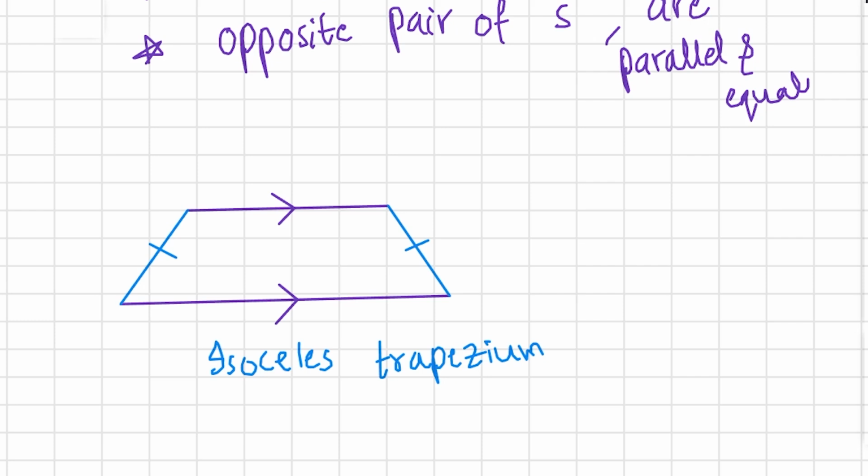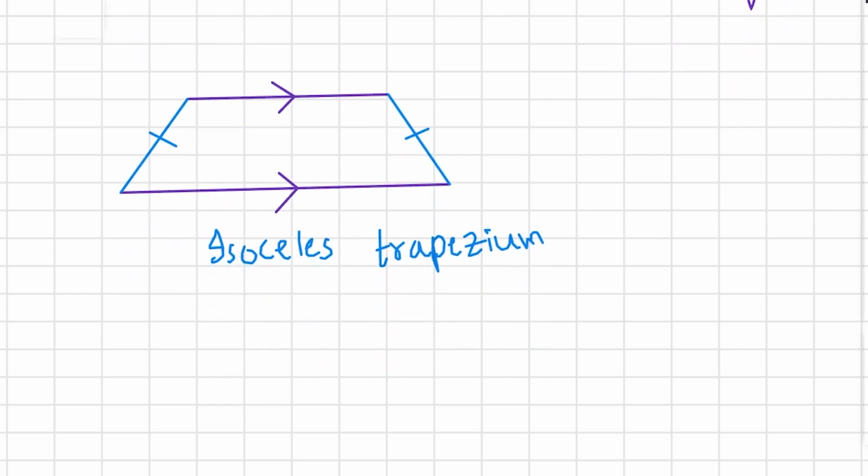If one pair of opposite sides are equal and parallel to each other, then it is a parallelogram. The parallel sides should be equal. So now my question is, can you call the question B in your notes a parallelogram?